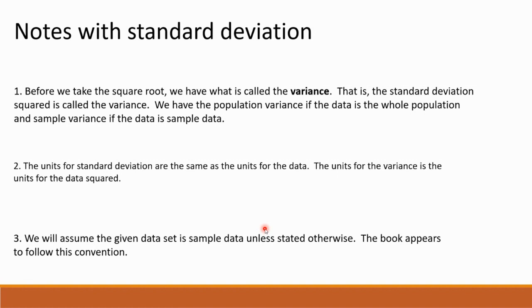So for instance, if we did that data set where the number of hours SUNY Oneonta students read each week, the standard deviation of that data would be in hours. The variance, however, would be hours squared. So that's one disadvantage to using the variance. I think the variance is easier to work with theoretically, but I could be wrong about that.